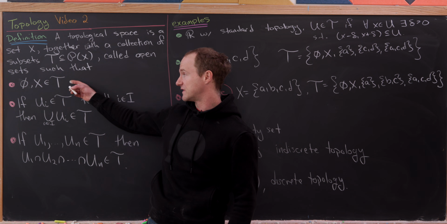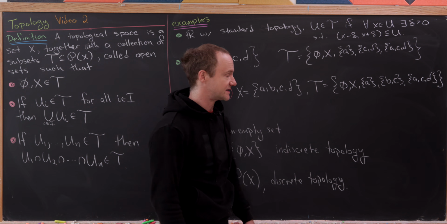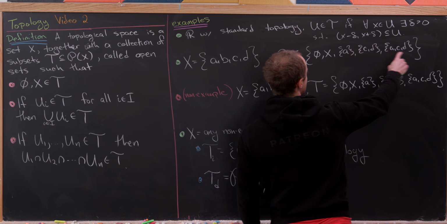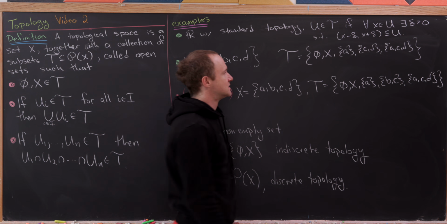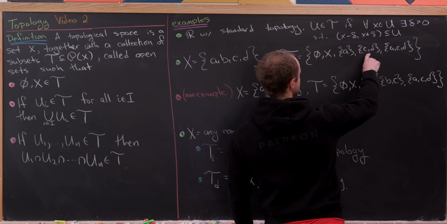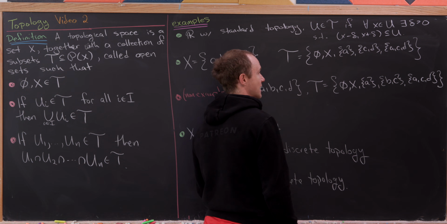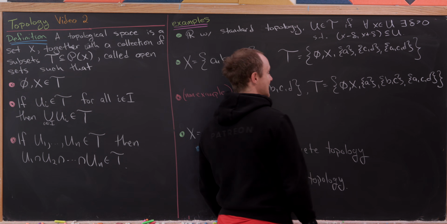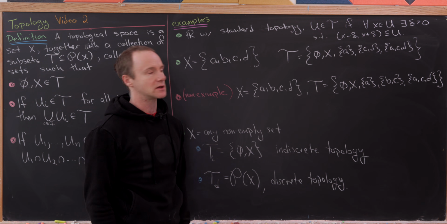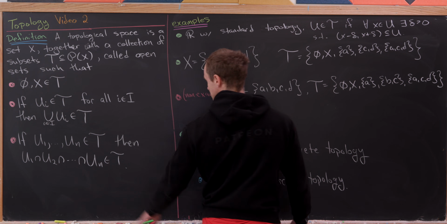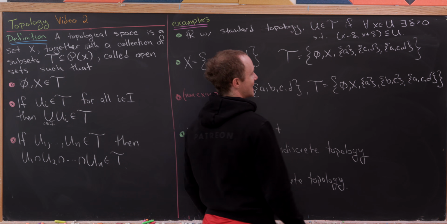Well, it obviously satisfies the first, as we already said. And if you union anything in here, you end up with something back in there. And so notice A union CD is ACD, so we're good to go there. CD union ACD is ACD, again, because we've got a subset inclusion there. And then if you intersect anything in there, you're also inside there.